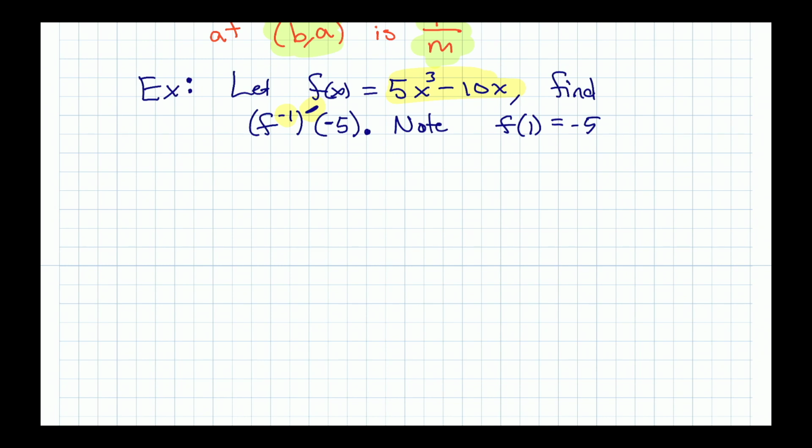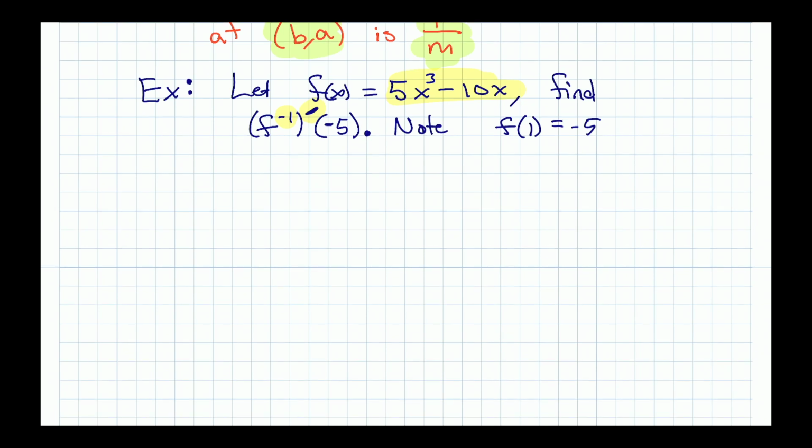So you know that the 1 and the -5 go together. You know x equals 1, y equals -5. That's for the function f, right? This data right here corresponds to the function f.